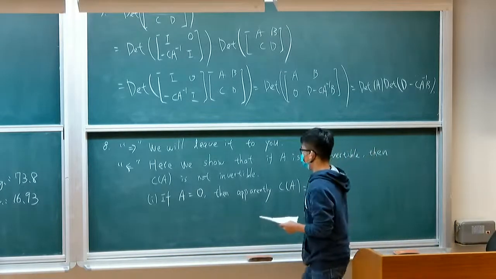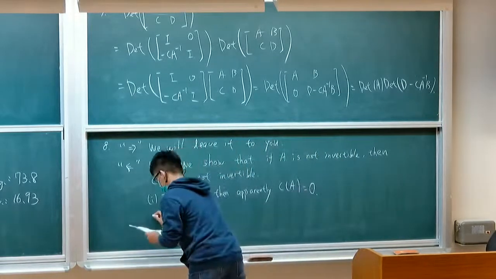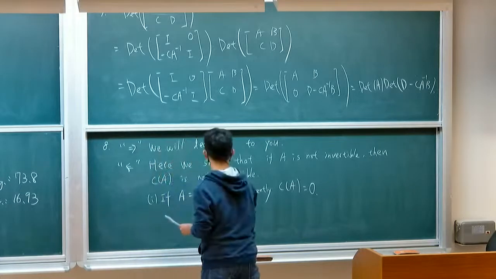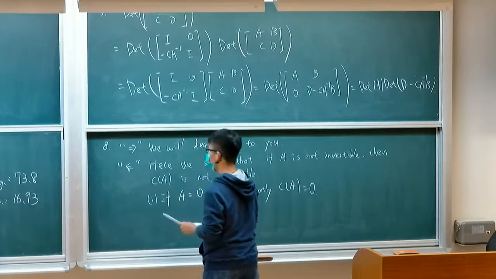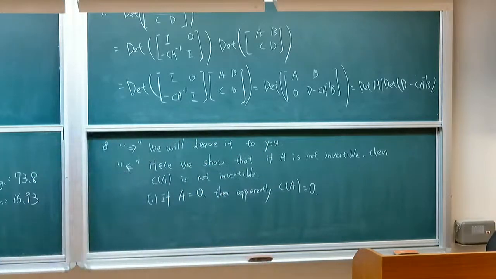So A's cofactor matrix is not invertible. Then for the second case, it looks like I need to use another blackboard.